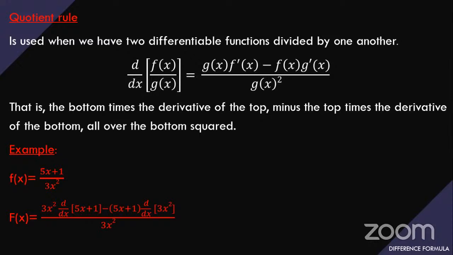Now, if we look at this, we'll see that the bottom times the derivative of the top minus the top times the derivative of the function all over the bottom squared.